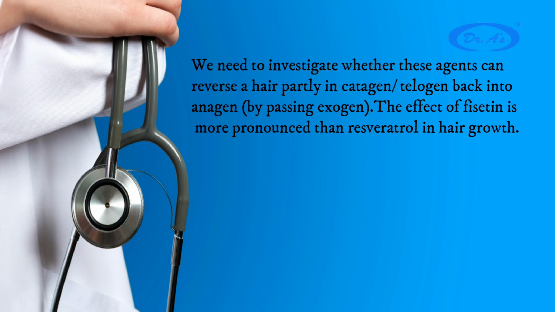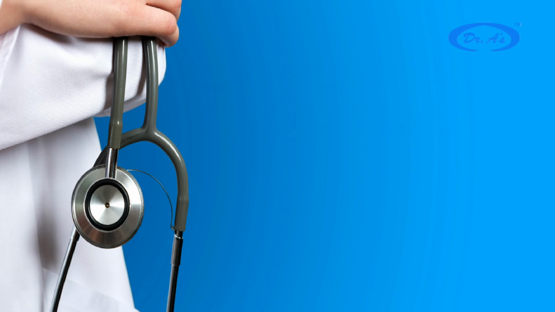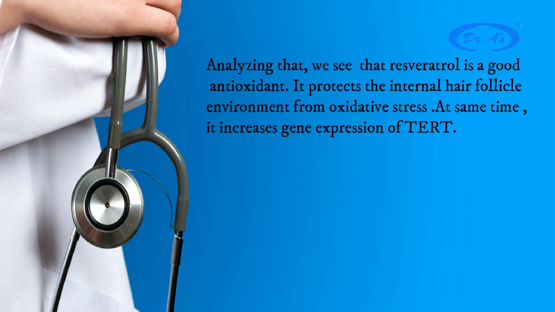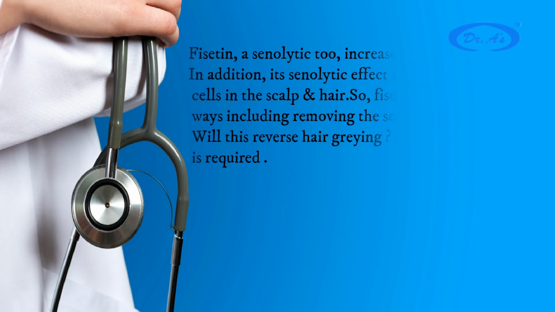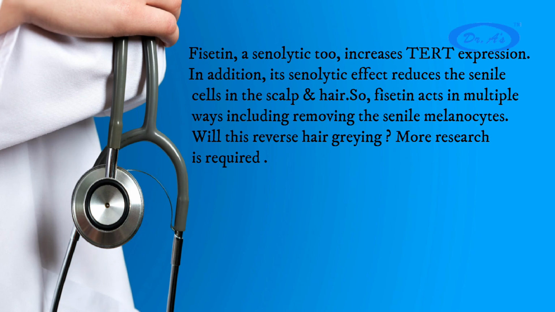The effect of fisetin is more pronounced than resveratrol in that it acts in two ways. We see that resveratrol is a good antioxidant. It protects the internal hair follicle environment from oxidative stress. At the same time, it increases gene expression of TERT. Fisetin, a senolytic, also increases TERT expression.